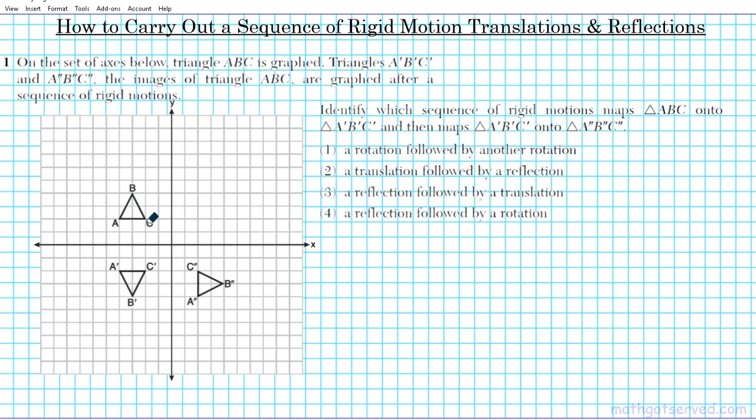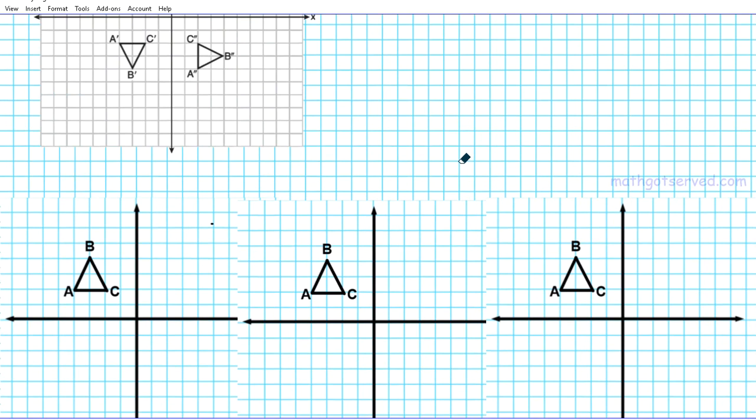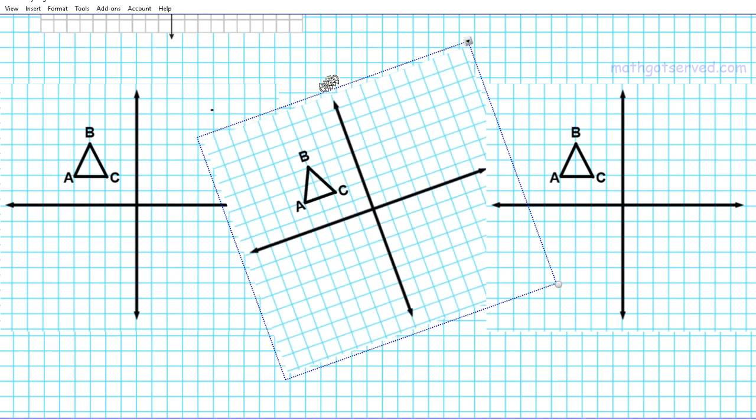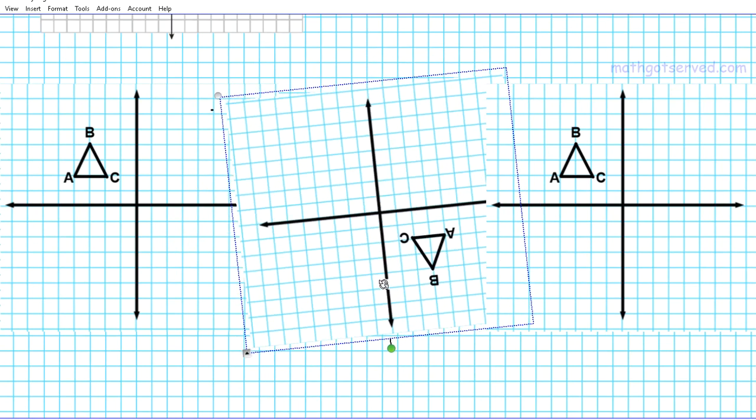The answer is no. You cannot get from A to A prime by rotating triangle ABC. When you rotate triangle ABC, A prime is going to end up on the other side. Let me show that to you real quick. Look at this triangle right here. If I rotate it, it's going to end up on the other side.